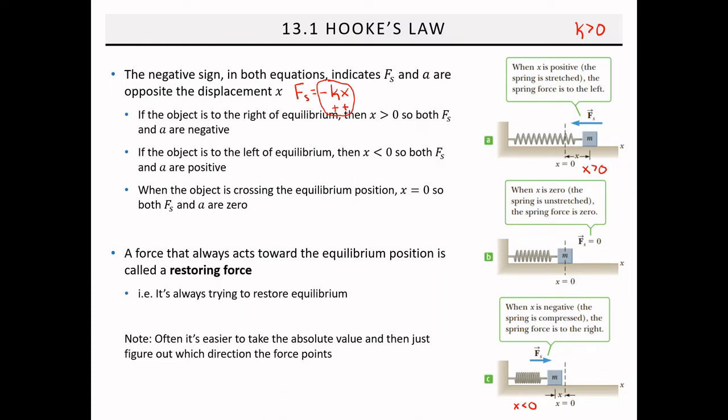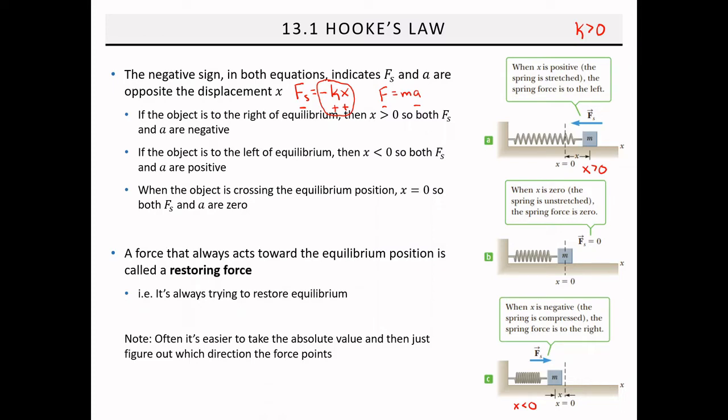So if the right side's negative, the left side also has to be negative. Since F is equal to ma, if the force is negative, then the acceleration is also negative. So if the object is to the right of equilibrium, the force and the acceleration are going to be to the left.